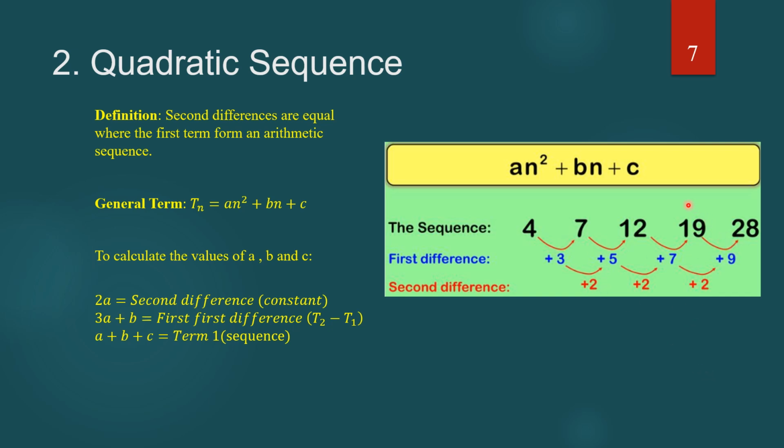Let's try testing by finding the fourth term, t4. We would substitute 4 into n squared plus 3. 4 squared plus 3 would be 16 plus 3, which is 19, meaning that n squared plus 3 is a general expression for the sequence as shown on the picture.